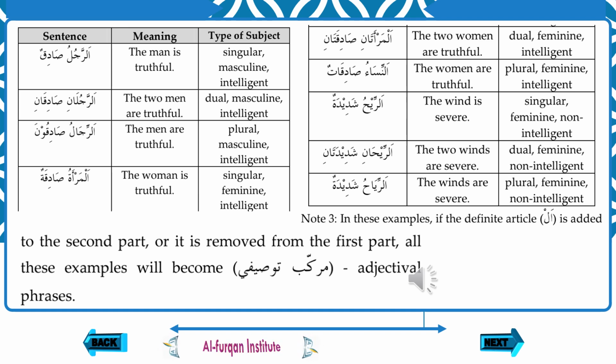For example, rajulun sadiqun, a truthful man. Ar-rajulu sadiqu, the truthful man. Ar-rajulu sadiqun, the man is truthful. The last one is the correct sentence, while the previous two are phrases.